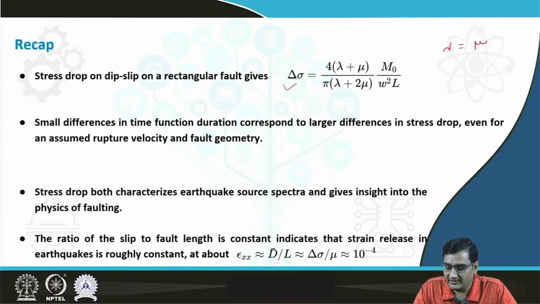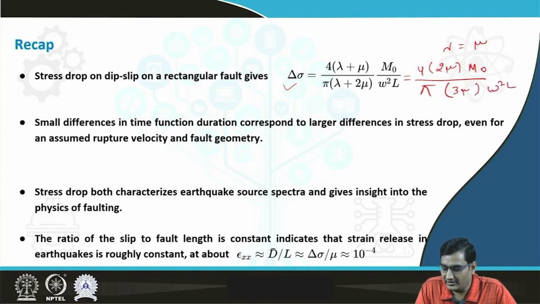In that case, this turns into 4 into 2 mu M naught divided by pi into 3 mu, omega square L. So mu will cancel out and you will have 8 M naught by 3 pi omega square L.